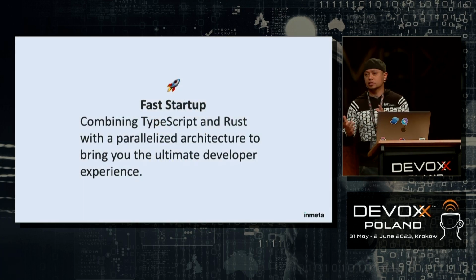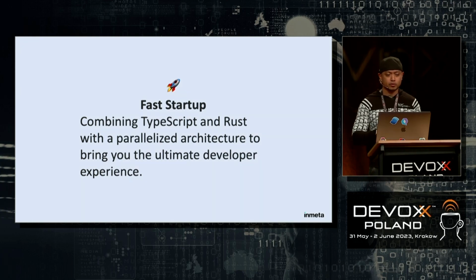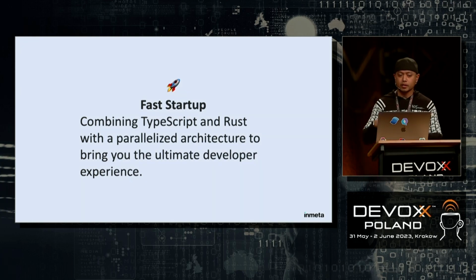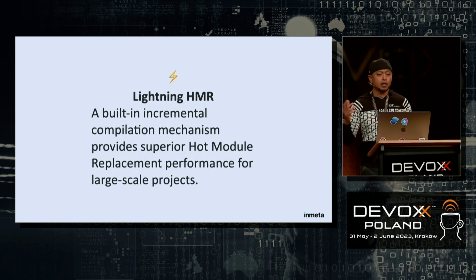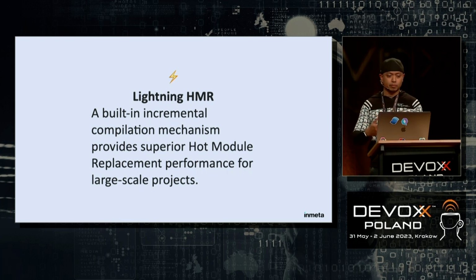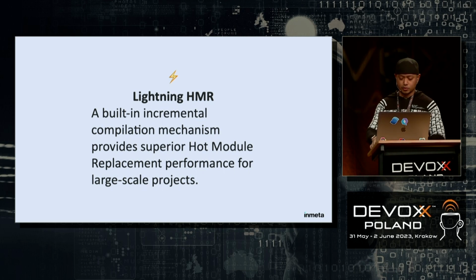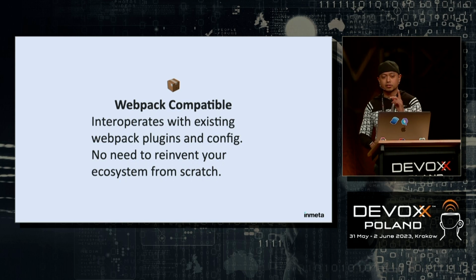So let's check out the features of RSPack. Fast startups, combining TypeScript and Rust with a parallelized architecture to bring you the ultimate developer experience. Similarly, lightning HMR, same as in Vite, same also in Turbopack. You have this incremental compilation mechanism that provides superior hot module replacement. What it does have, which is different from Turbopack, is that it's Webpack compatible out of the box.